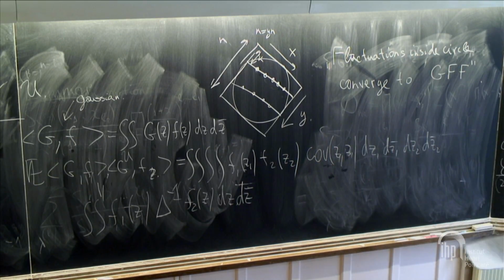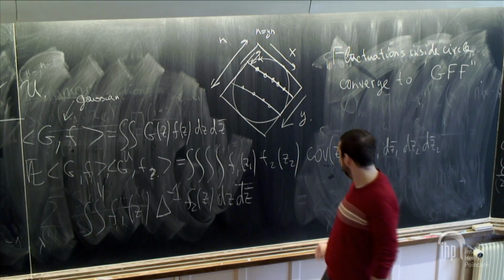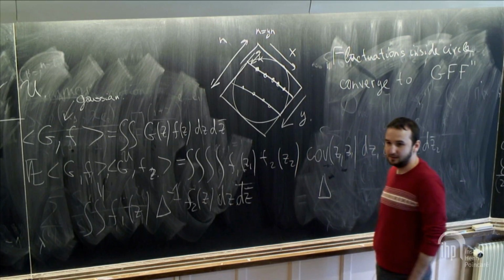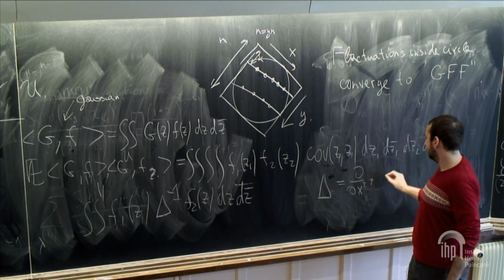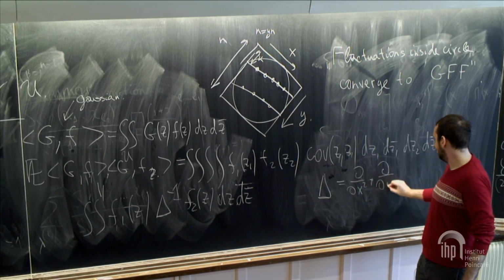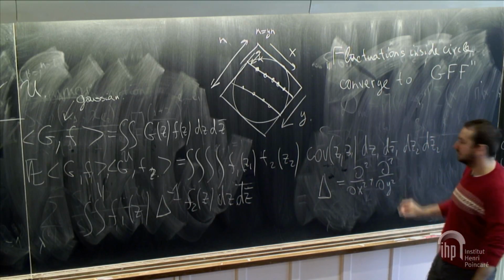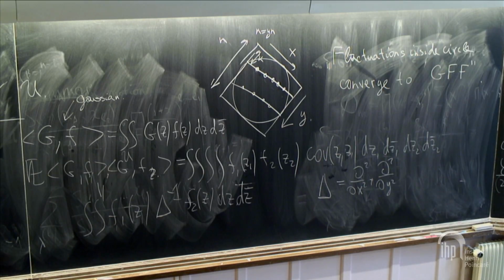And who is delta inverse? So this is the so-called inverse Laplace operator. So you take operator delta, which is d/dx squared plus d/dy squared. So this is the usual Laplace operator.